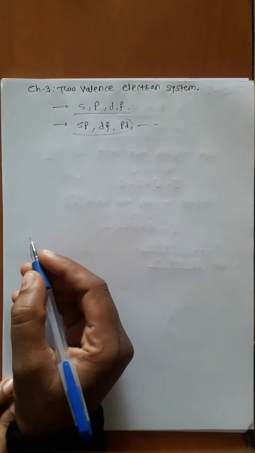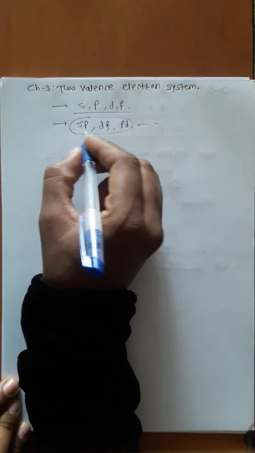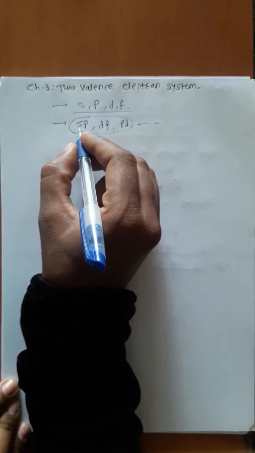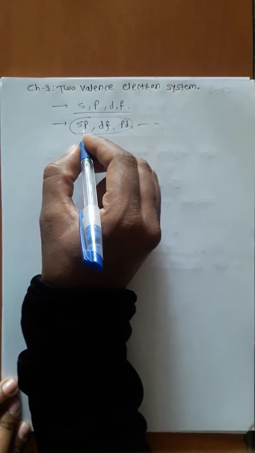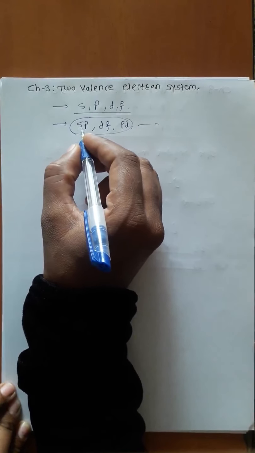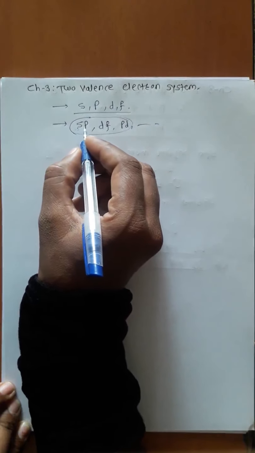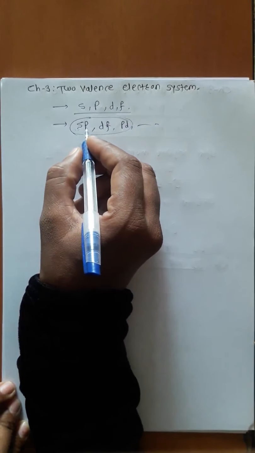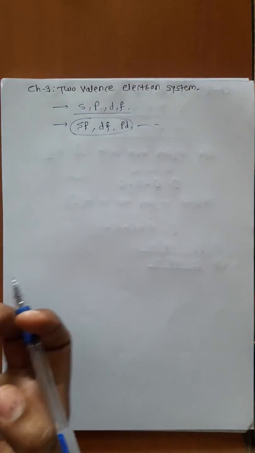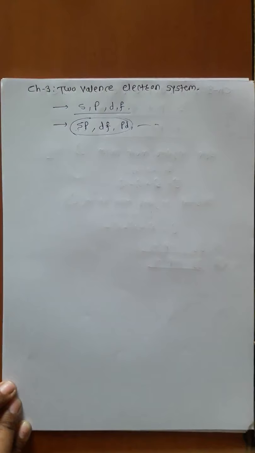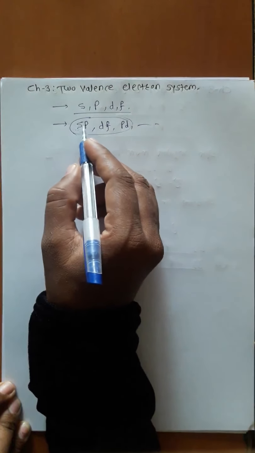The atom consists of two valence electrons, and in such a system the spin angular momentum and orbital angular momentum of the two electrons are different. Then we combine these spin and orbital angular momenta for the two electrons. Here we have to see the coupling scheme, which means in this lecture we study how we combine these vectors.